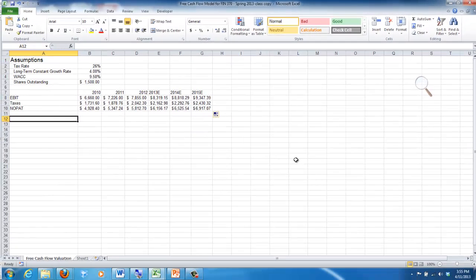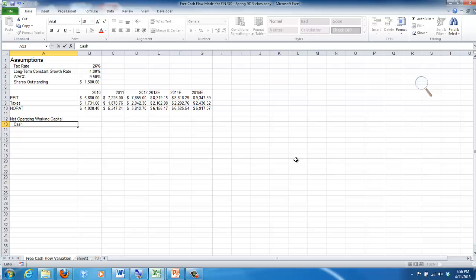So I'm going to put in net operating working capital. My net operating working capital, again, is my current operating assets less my spontaneously generated liabilities.